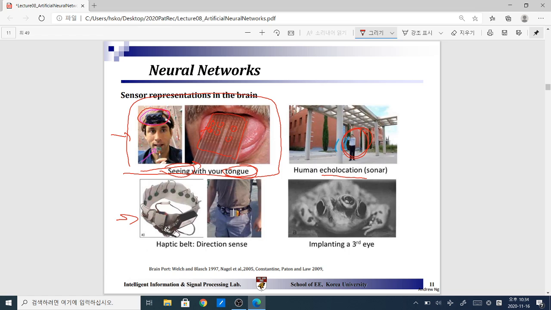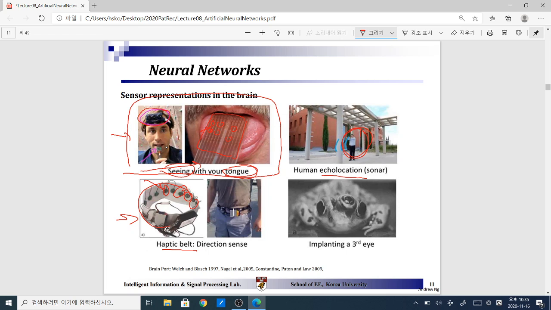And similarly, the same person who is blind can have a haptic belt mounted on his waist, with all these sensors and a buzzer around the belt, which can be activated because it has a magnetic compass, so that any specific location, let's say this one here, can tell the direction of the north.